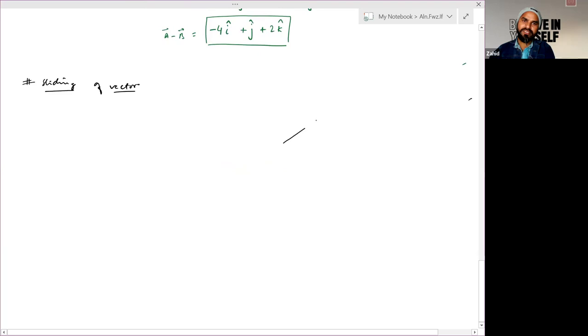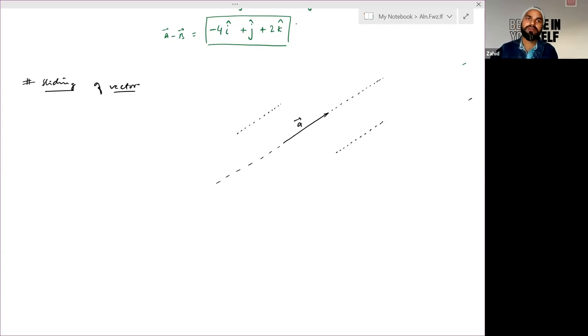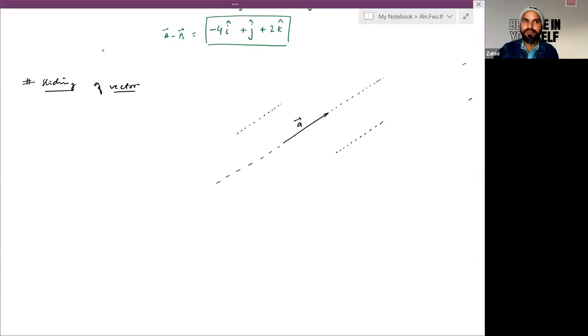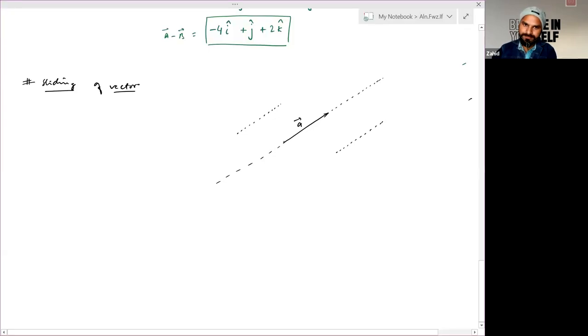Suppose you have a vector along this direction, A. So if you move this vector along this path, or along this path, or this path, if the length of this arrow is fixed and its orientation, which means its inclination with respect to x-axis, is constant.